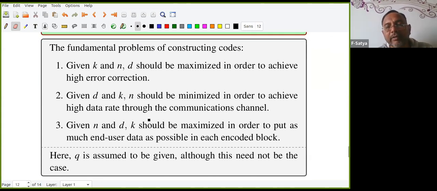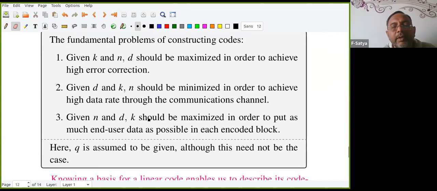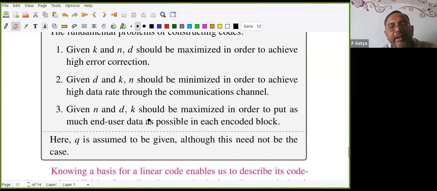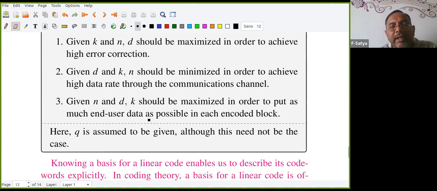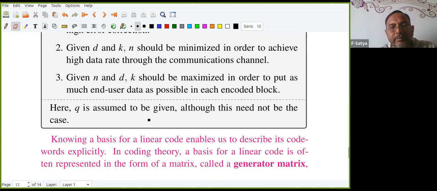Now you know what k, n and d are, so it is the right time to discuss the problems and goals. If distance is maximized, what is the advantage? I can detect many errors, and I can correct also, right? If d and k are given, n should be minimized. Why should n be minimized?